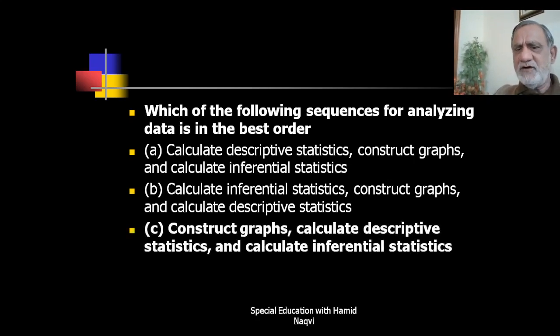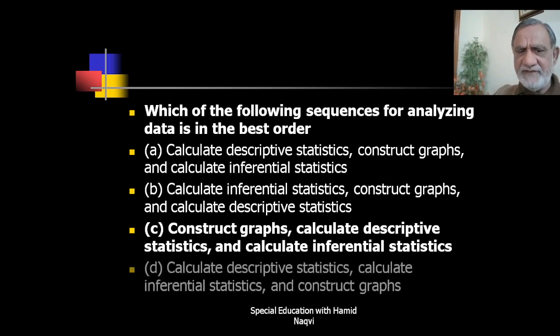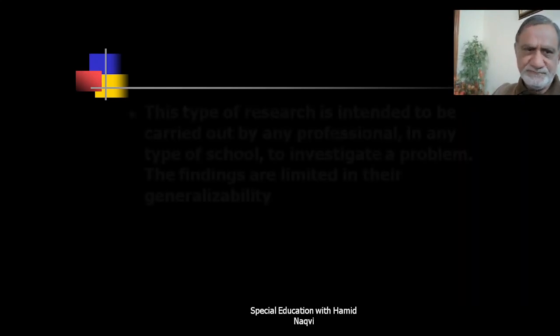Construct graphs, calculate descriptive statistics, and calculate inferential statistics. The last one is calculate descriptive statistics, calculate inferential statistics, and construct graphs. C is correct. That is construct graphs, calculate descriptive statistics, and then calculate inferential statistics.